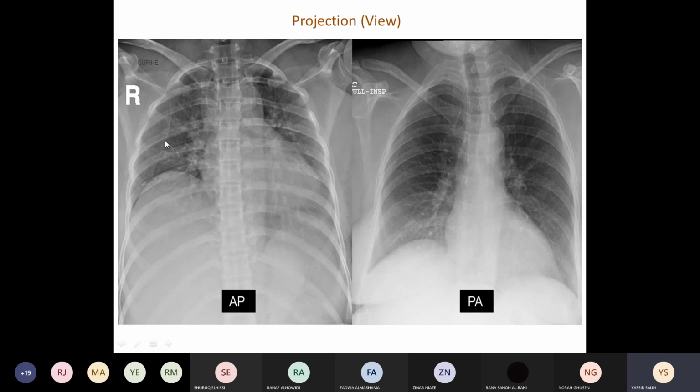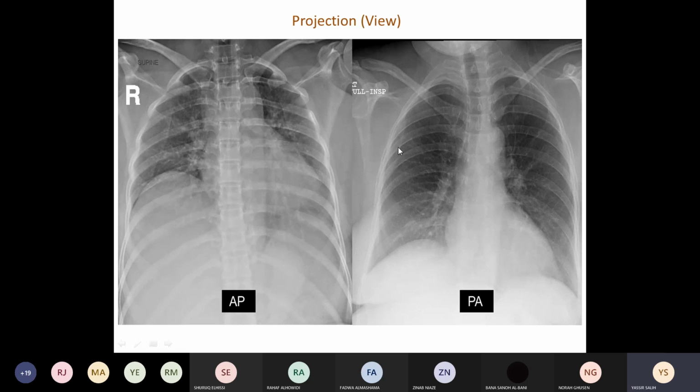If you look at the scapula, this is the medial end of the scapula, this is the medial end, this line. You can see this scapula covering most of the lung field. If there is a lesion here, it may be covered by this scapula.